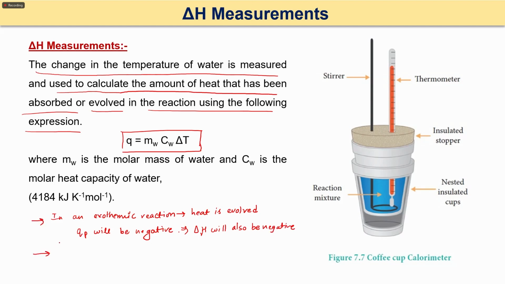Similarly, for an endothermic reaction, if your reaction is endothermic, then heat will be absorbed by the system. And if that is the case, your QP will be positive. And if your QP is positive, then your delta H will also be positive.